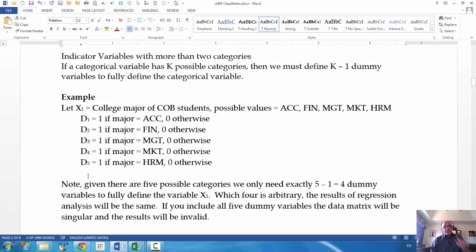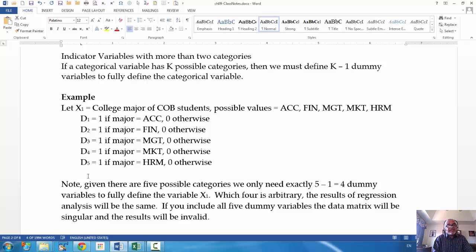And therefore, okay, remember, this is important. You need exactly k minus 1 dummy variables, no more, no less. If you define more than k minus 1, meaning all k possible dummy variables, then you get singularity. And if you define anything less than k minus 1, you will not fully define all the observations in the data set.